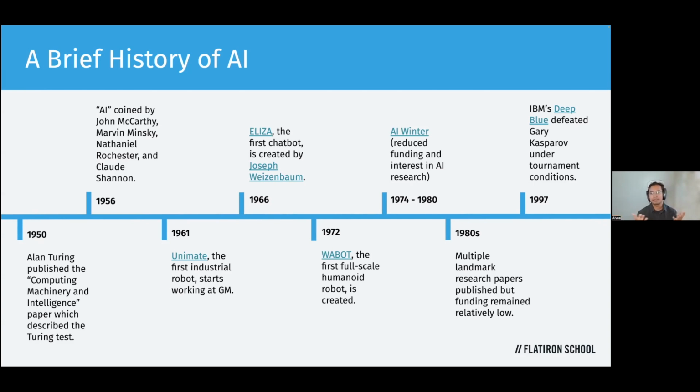For example, the transistor idea was invented very early on, like in the 1920s, I think. But it was not until the 1940s that we had a working transistor. So sometimes it takes years for technology to catch up to research.